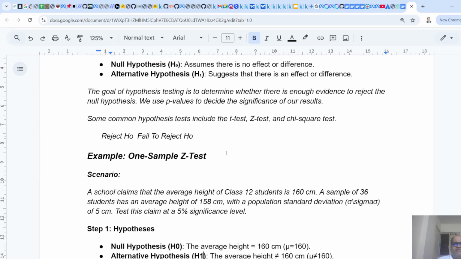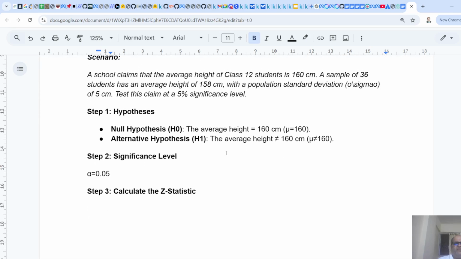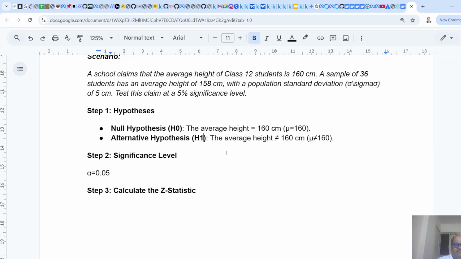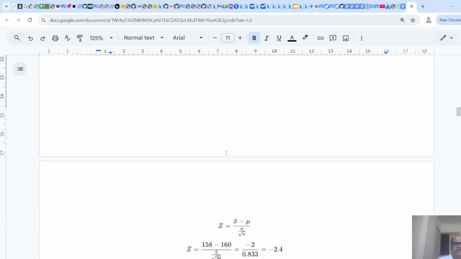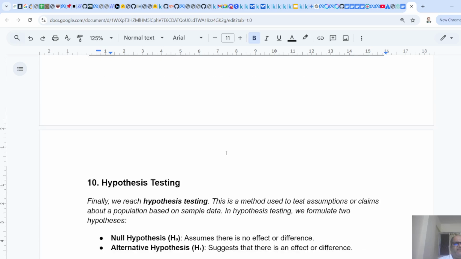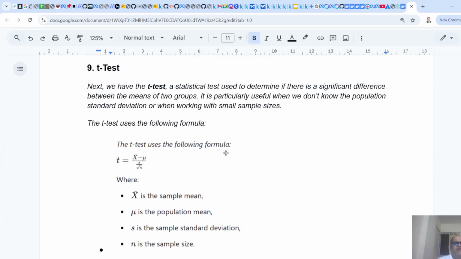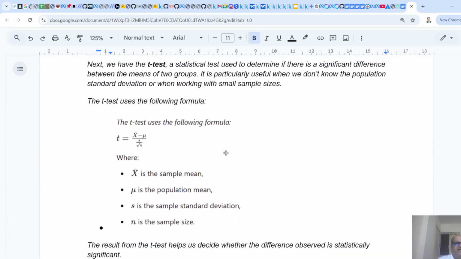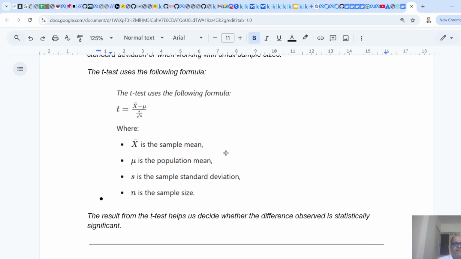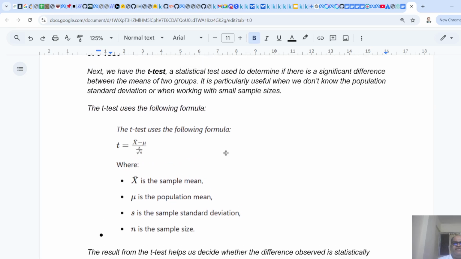For many of these things, your sample average you can find out, but the overall population mean and standard deviation will not be available, and that's where the t-test comes in quite handy. In this case, the only difference is that rather than sigma you are using s, which is the sample standard deviation, and the rest works pretty similar to the Z test.